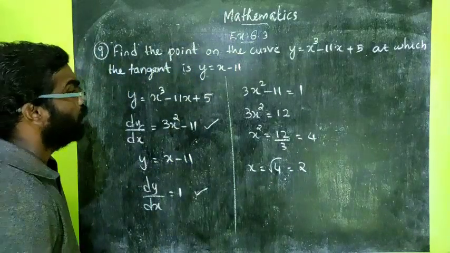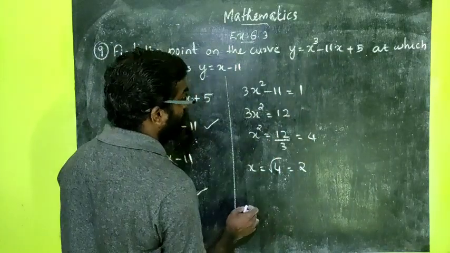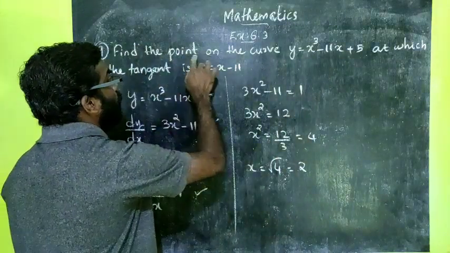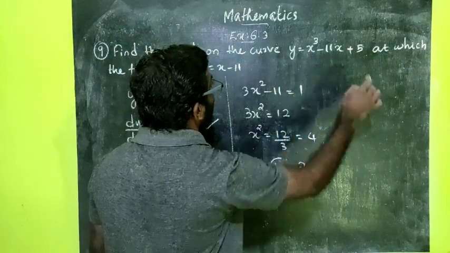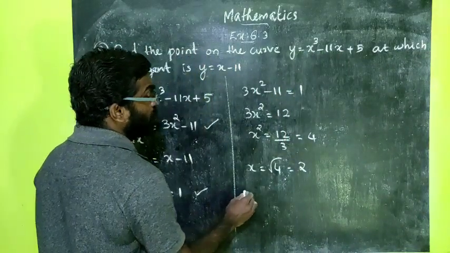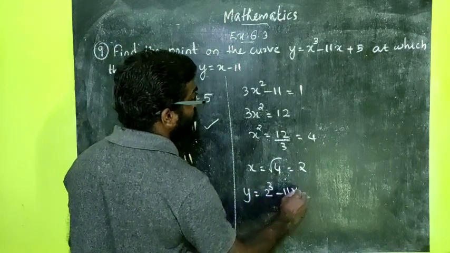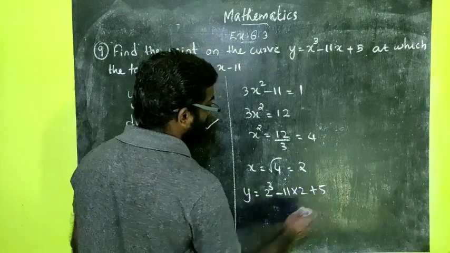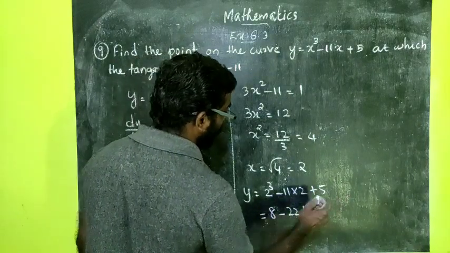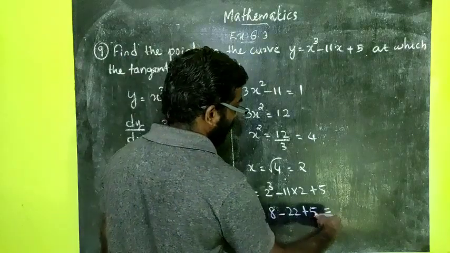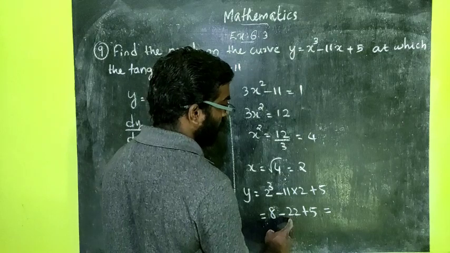Then we can put the value of x in the curve, because we have to find the point on the curve y equal to x cube minus 11x plus 5. So y is equal to 2 cube minus 11 into 2 plus 5, which is equal to 8 minus 22 plus 5, which is equal to 8 minus 22. 8 minus 22 is minus 14.